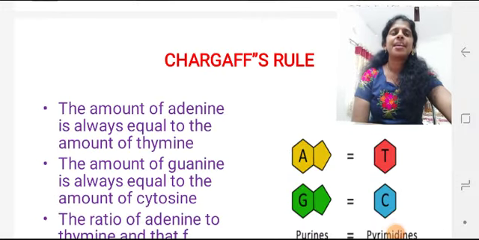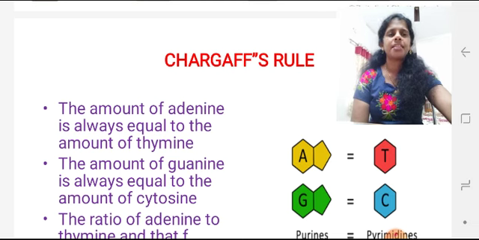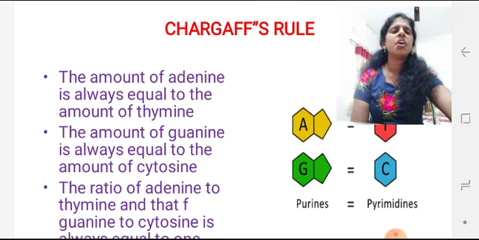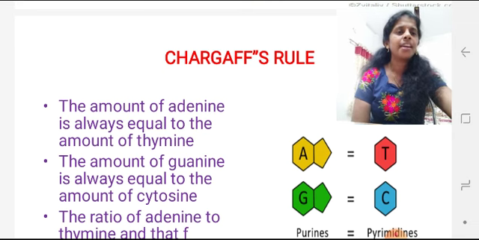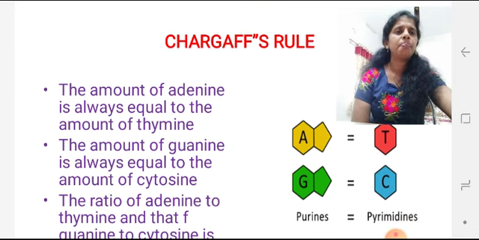What is meant by Chargaff's rule? The amount of adenine is always equal to the amount of thymine. Similarly, the amount of guanine is always equal to the amount of cytosine. In short, the amount of purines always equals the amount of pyrimidines in a DNA molecule.